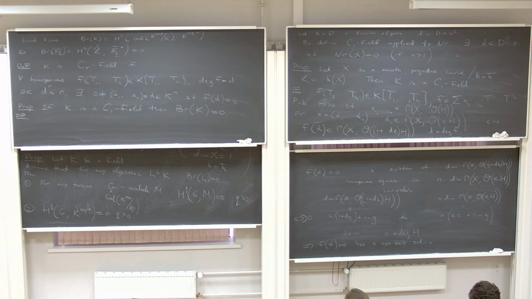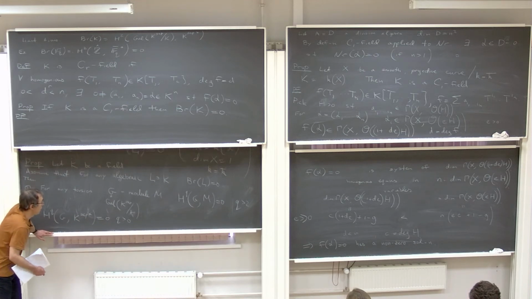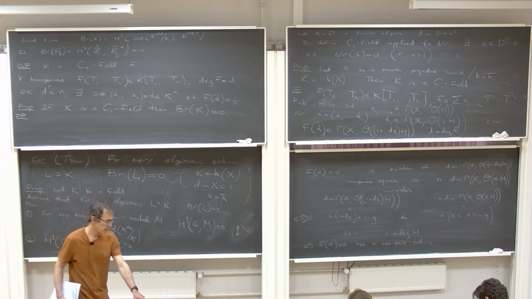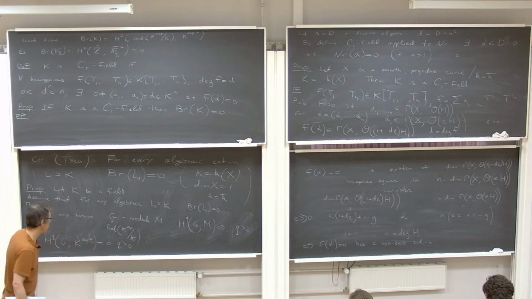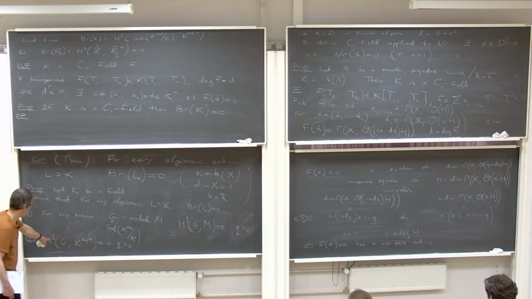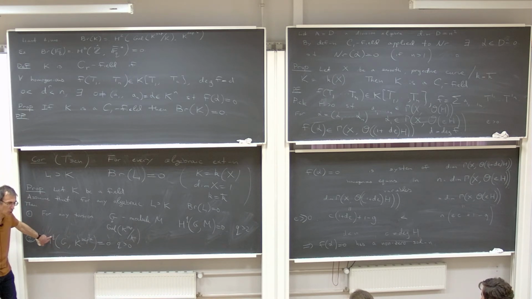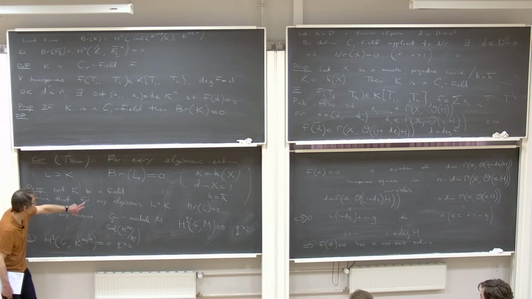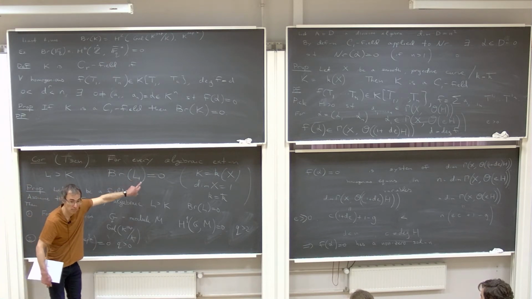Okay, so let's prove this. The idea is, what we know is vanishing of this group for q equal 2, and we also know the vanishing of this group for all open subgroups of G, because we have this condition.